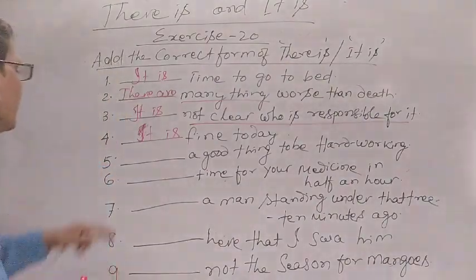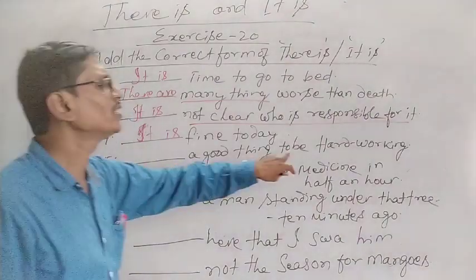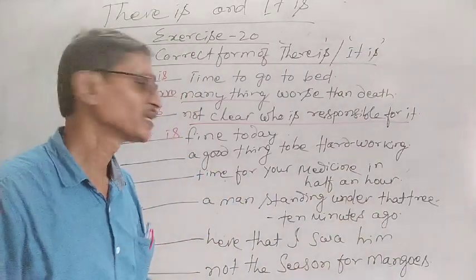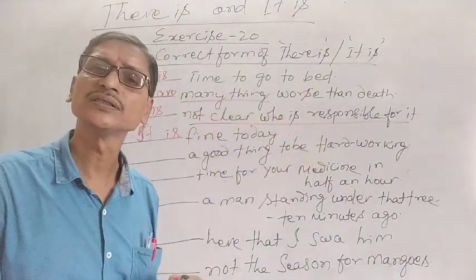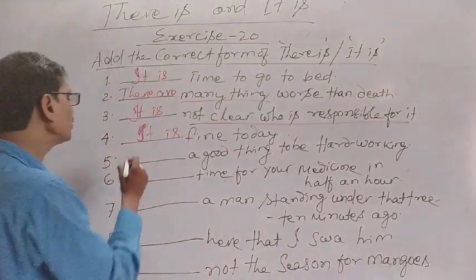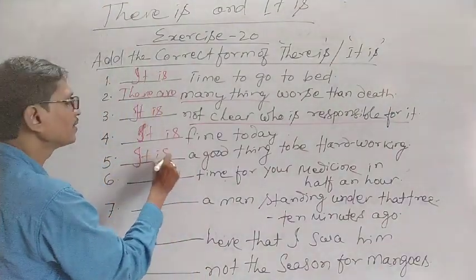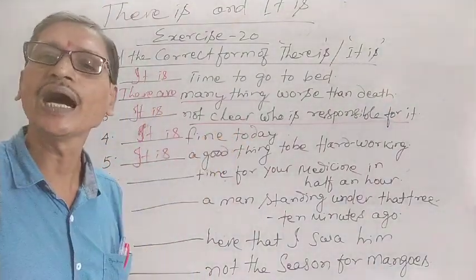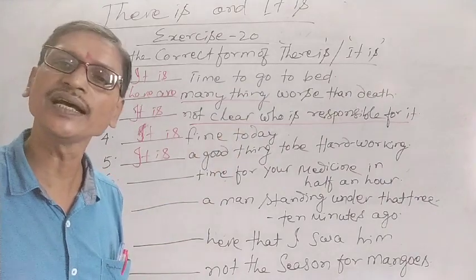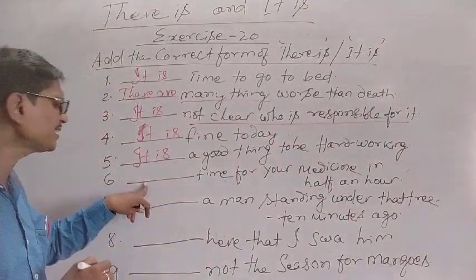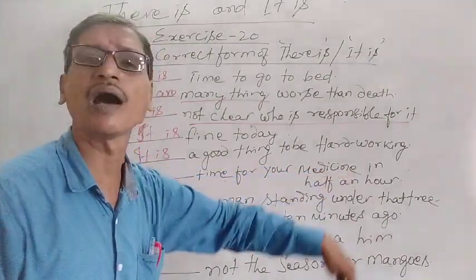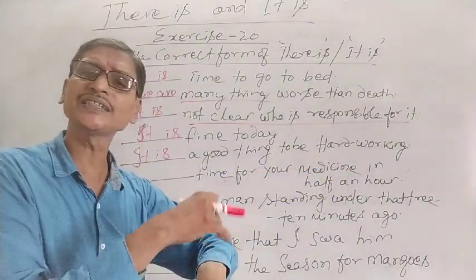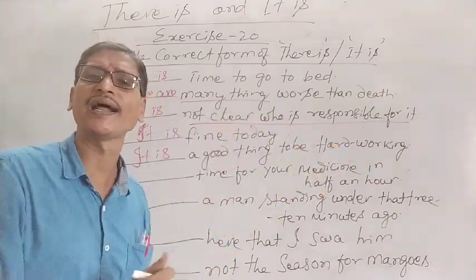Understand? So similarly, a good thing to be hardworking is a clause. Therefore, we can use "it is a good thing to be hardworking". Clear? Next is time for your medicine in half an hour. That means we still have half an hour in our hand.